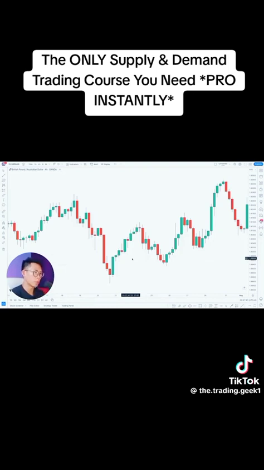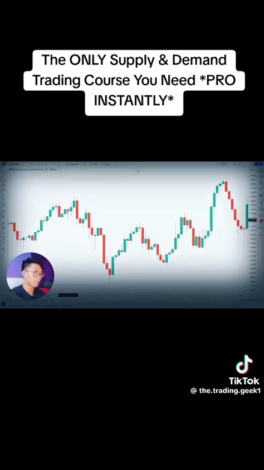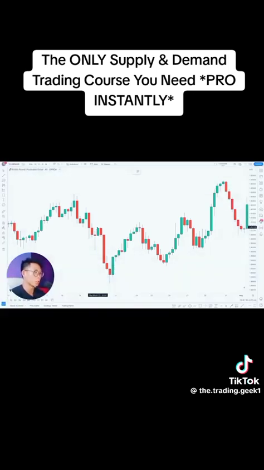Now here's another example. In this case, I can see that price is actually consolidating. I can draw a supply zone right here, and then I can also draw a demand zone right here. Somewhere right around here, you can see price goes up, breaks through this supply zone, and now it's coming back down to retest this demand zone that we have right here. When it comes down to this demand zone, are you able to buy over here? Let me ask you that.